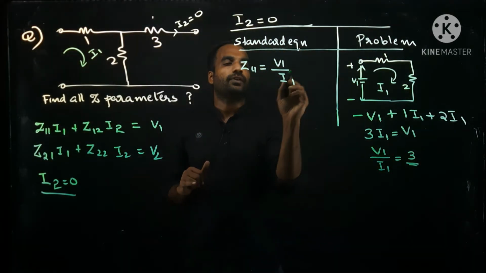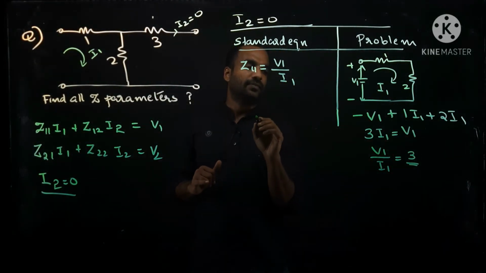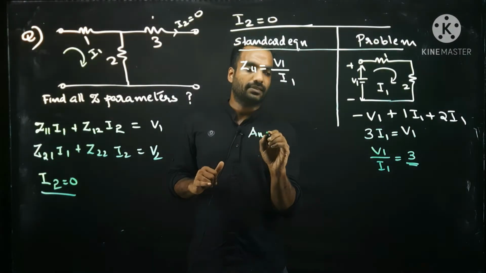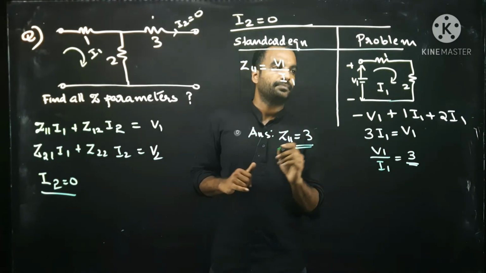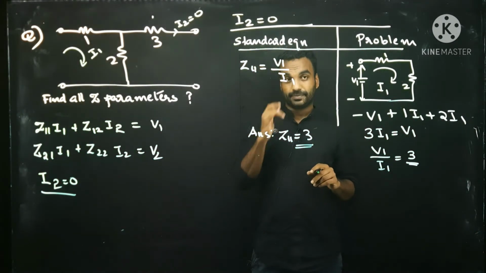Here I know that V1 by I1 is equal to Z11. So what is the answer? First answer, Z11 is equal to 3.